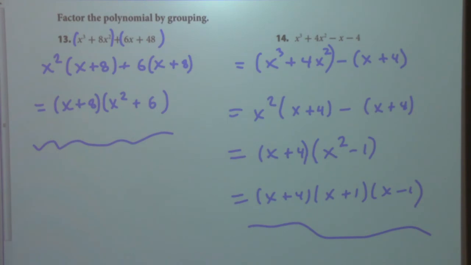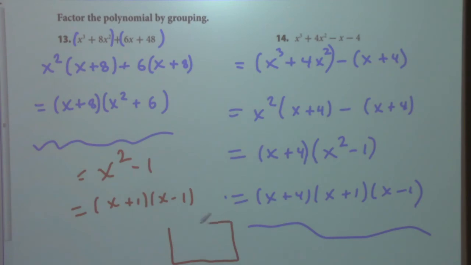Okay, I'm going to do this a little on the side because there seems to be a little unclarity about this. If we have x squared minus 1, we can factor this into x plus 1, x minus 1. How do I know we can do that?